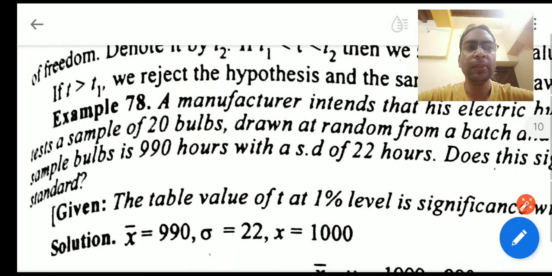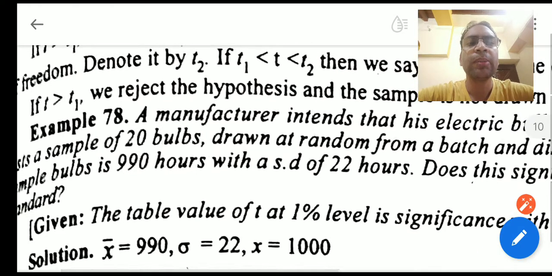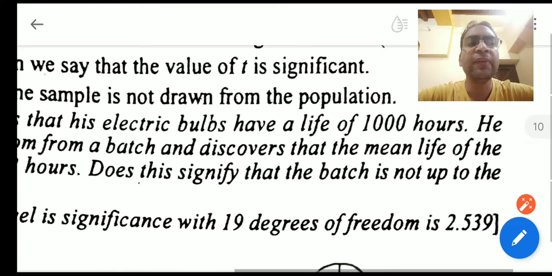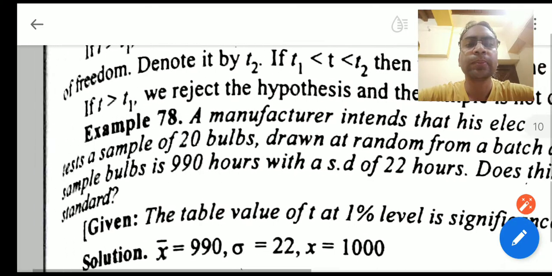Let's see an example here and try to solve it. In this example, we will find the value of t, then compare that t with the standard value of the t distribution, and decide whether to accept or reject the hypothesis. A manufacturer intends that his electric bulbs have a life of 1000 hours.